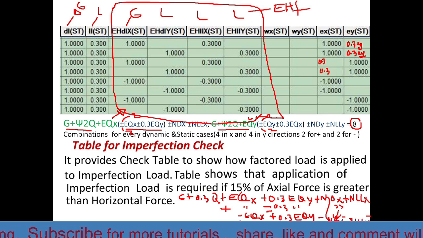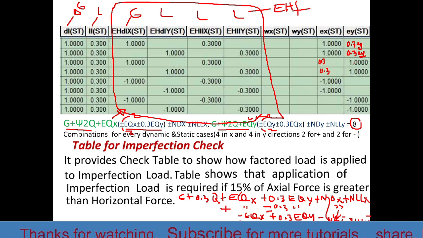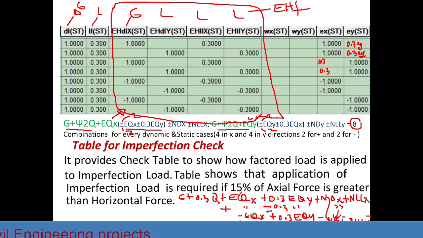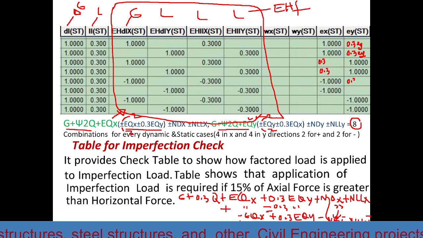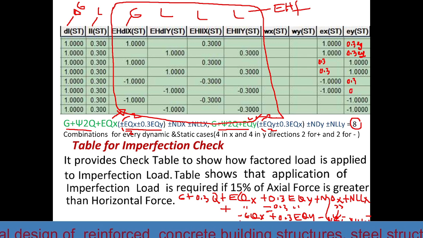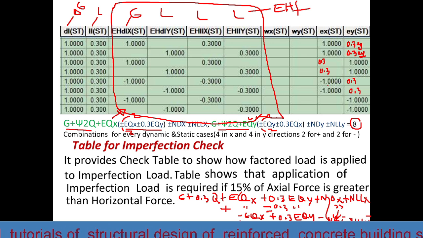So 30% of the seismic load along x direction will be combined with 100% of the seismic load coming along the y direction. And in this case also, the seismic load along the negative x direction will be combined with the 30% of the seismic load along the y direction. Okay, 0.3.